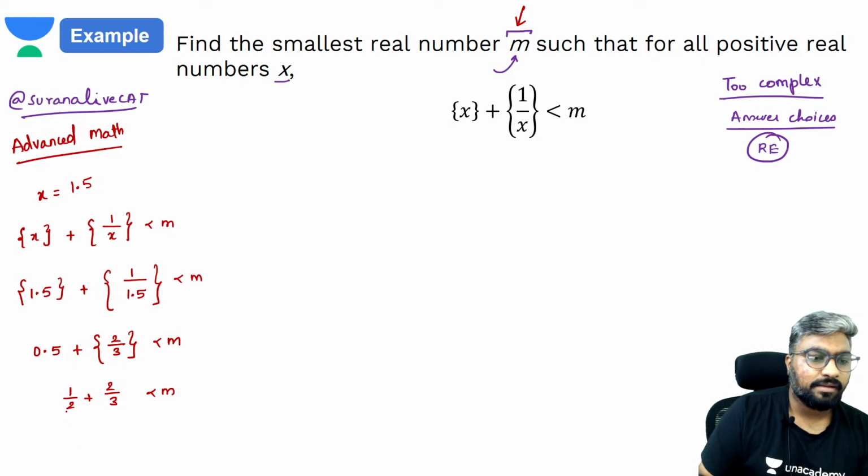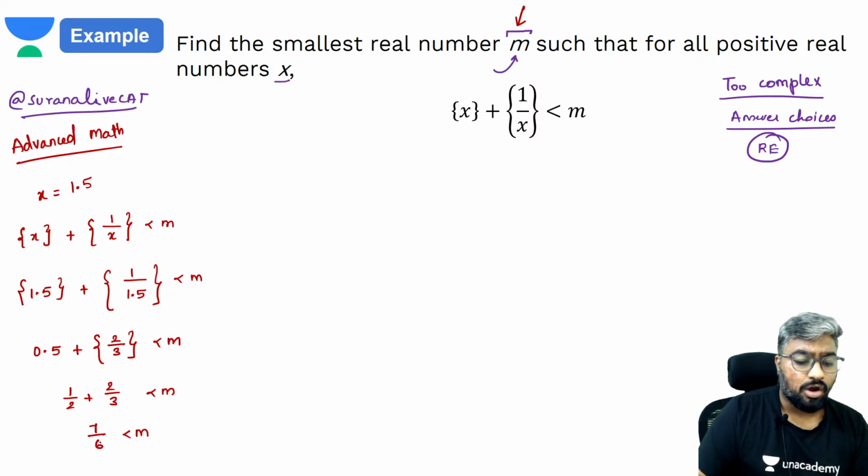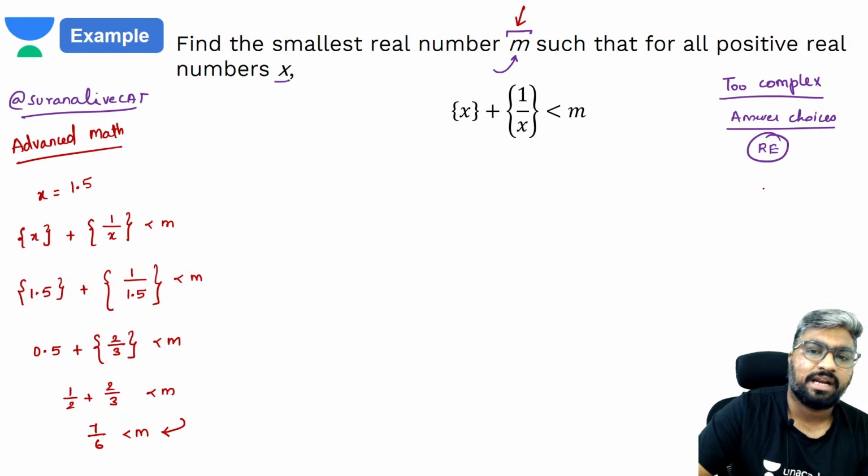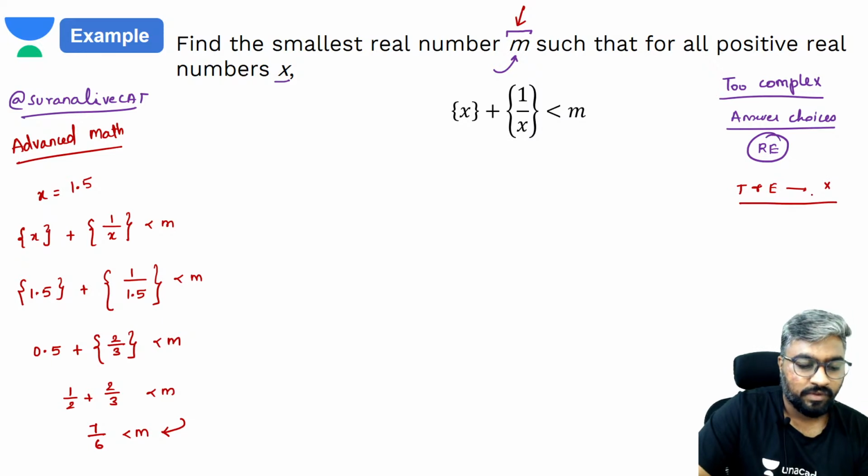We will end up getting 3 plus 4, 7 by 6. But now we are not even sure, हमें कुछ पता भी नहीं है m के बारे में. So this is too advanced for trial and error. Trial and error will never work here because it is too advanced for it.